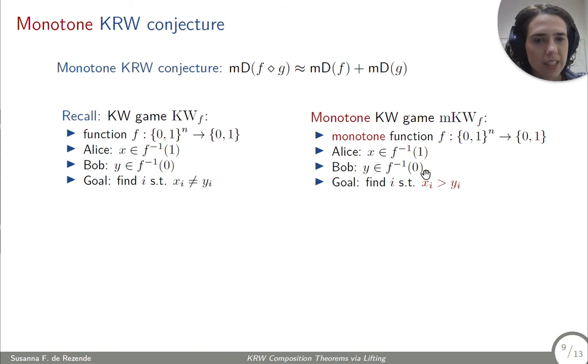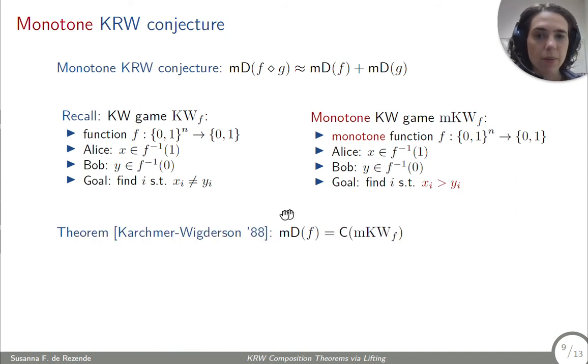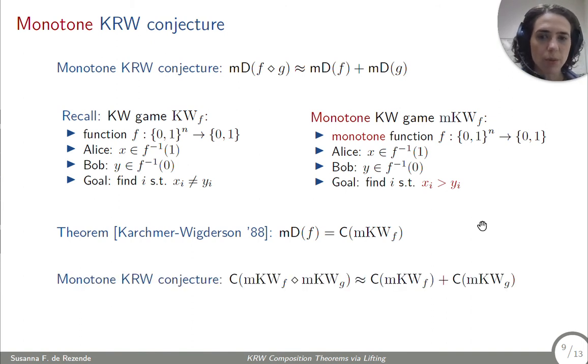Note that this index exists because this is a monotone function. Okay, and what Karchmer-Wigderson showed is that the monotone depth required to compute a function is equal to the communication required for this monotone KW game on F. So the same connection holds in the monotone world. So again, we can now write the monotone KRW conjecture in terms of communication.